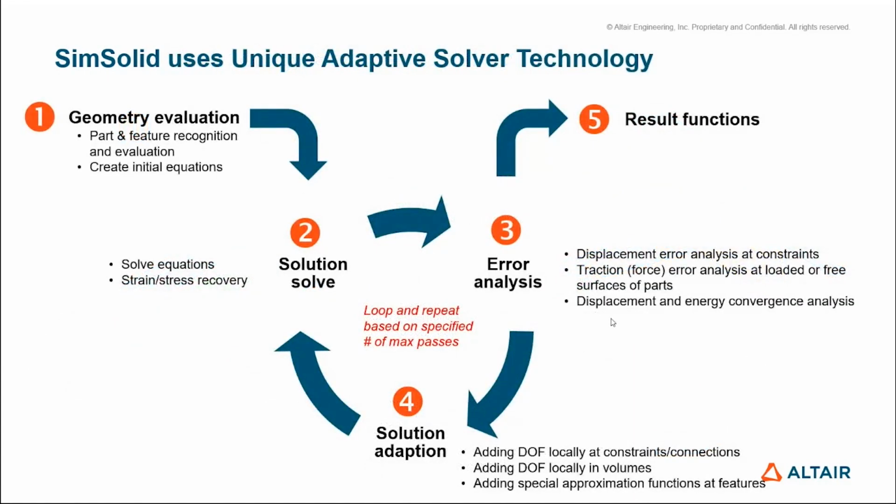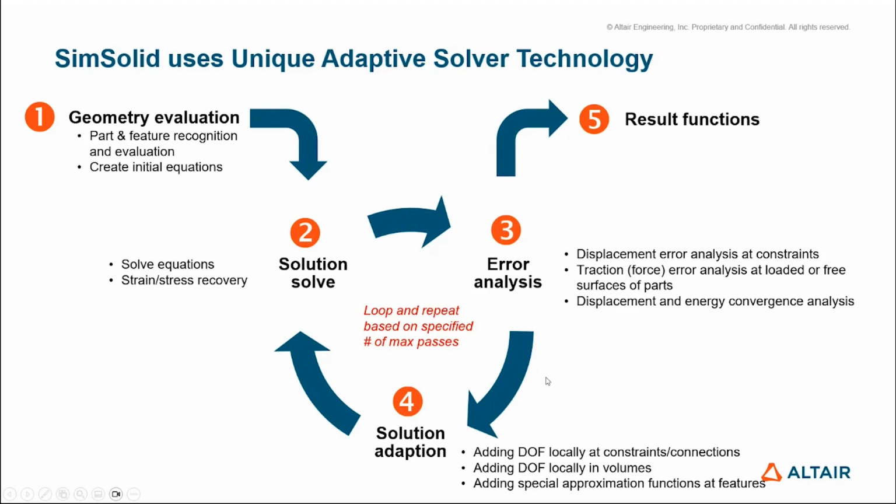And then in terms of SimSolid's unique adaptive solver technology. So again, as I said, part and feature recognition evaluation, create initial equations, solve equations, extract strain stress, error analysis, check the displacement errors at the constraints, the traction force errors on free surfaces of parts, displacements and energy convergence analysis.